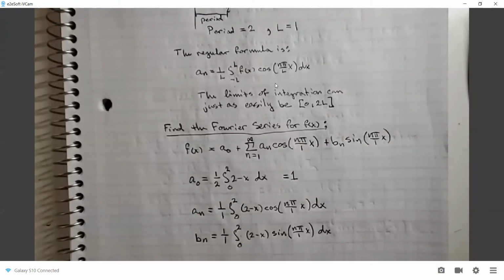That's a fun shortcut if you can do it. You guys were sort of stuck with doing all of the integration by parts for an and bn. You want to work through that? We don't have to.